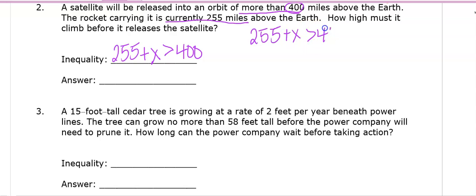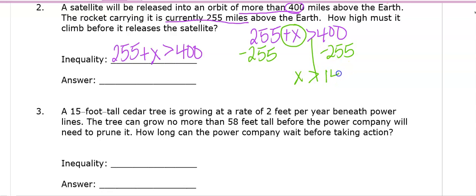Okay, so now we're going to come over here and we are going to solve it. If I want to get that x by itself, what do I need to get rid of? What is next to it? The 255. How am I going to get rid of the 255? By subtracting. So x is greater than 400 minus 255 is 145.